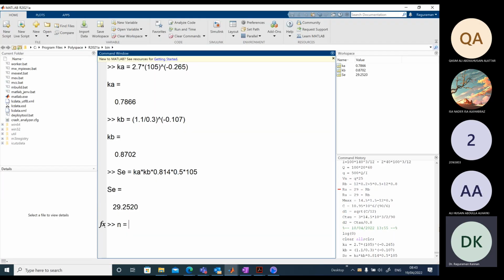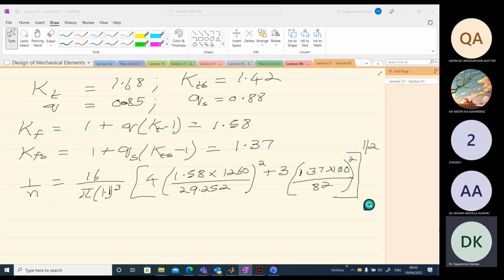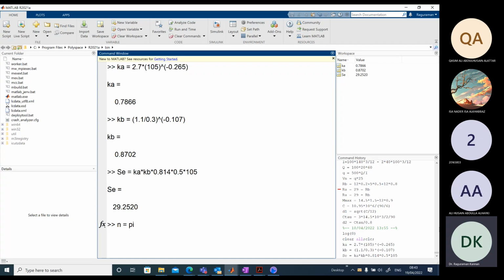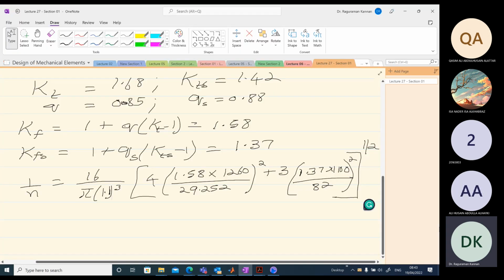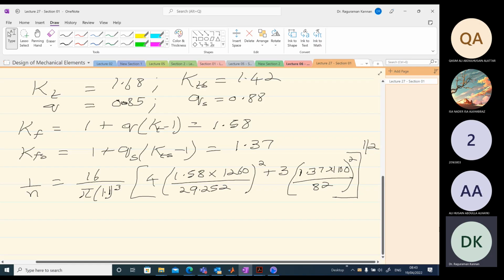So that will be pi times 1.1 cube over 16, and in the denominator we have the square root term here.